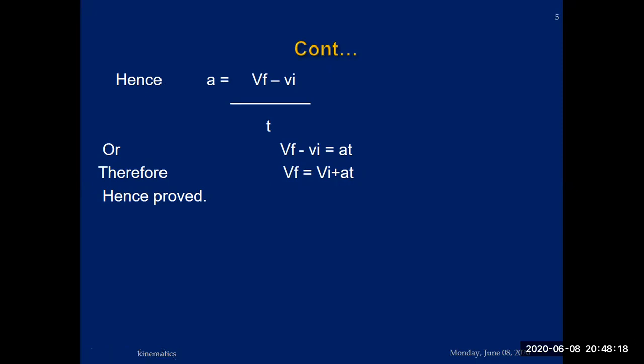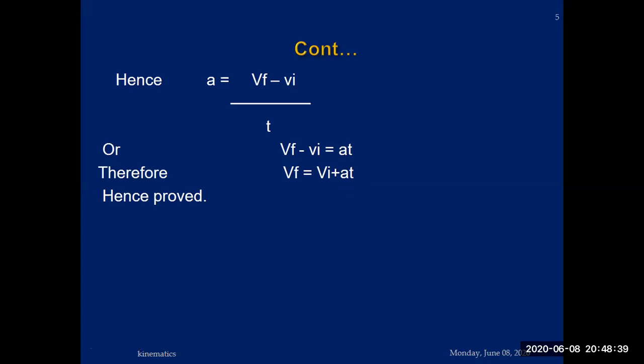It means there are 4 physical quantities. If 3 are given, you can calculate the one. So the same is the case here. If time, acceleration, and initial velocity are given, you will be asked to calculate the final velocity. How will the question be designed?